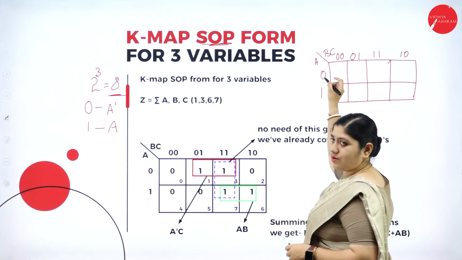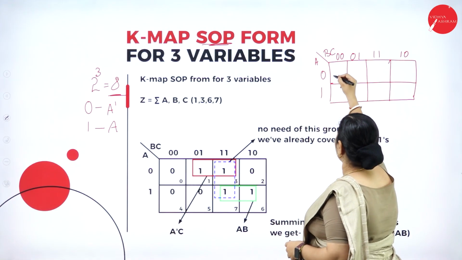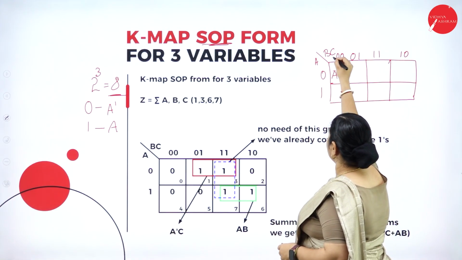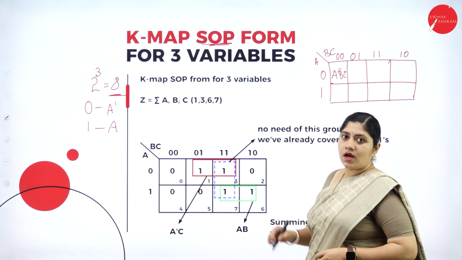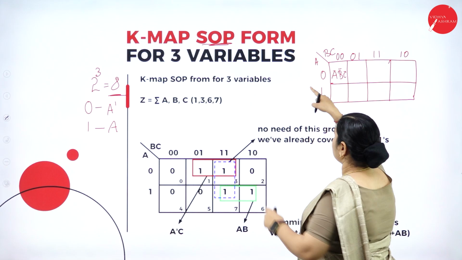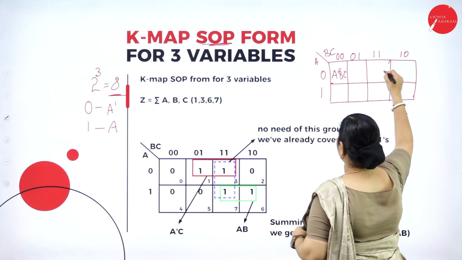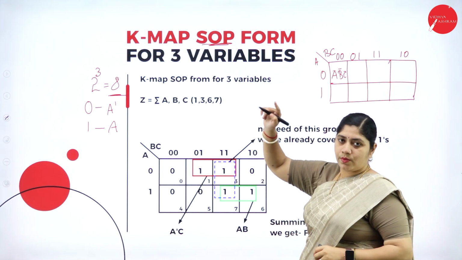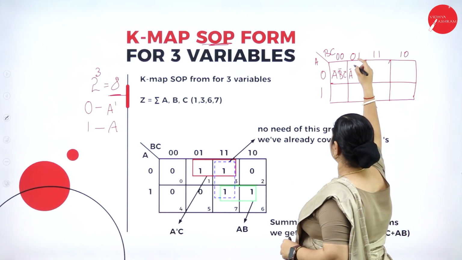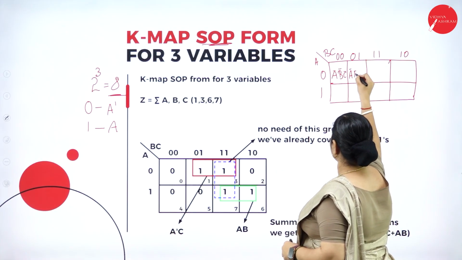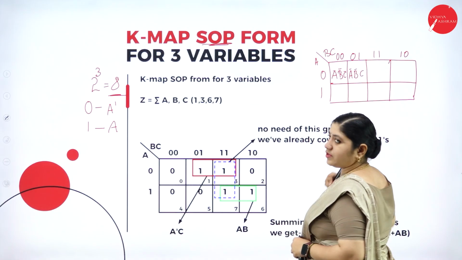So we have a 0 with respect to A. So what do we have to fill? It's A bar. For BC, it's B bar and C bar. Then up next, the second. This 0 is common for all the first row, so it's A bar followed by B and C. For B, it's a 0, so B bar C. Done.